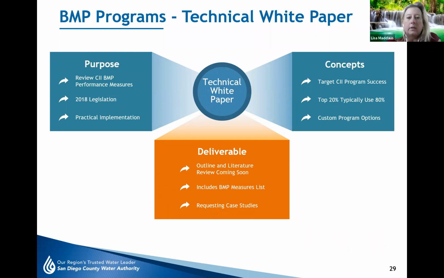They're not looking to constrain growth in the CII sector, which could mean increased productivity of water use even though you're becoming more water efficient. So the metrics are hard, and it's a complex sector to address. Our concept is to help focus the effort. Typically the top 20% use about 80% of the water. So that's where we're headed, and you'll be able to customize your program options. Next slide.